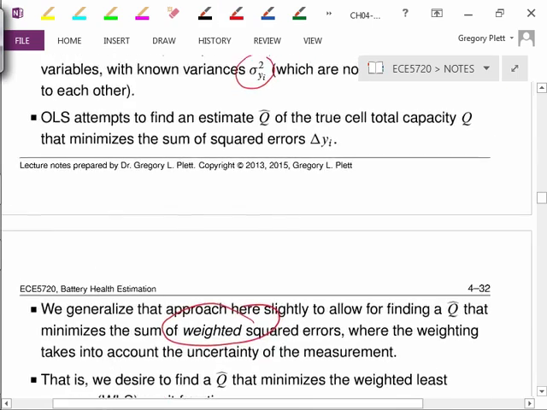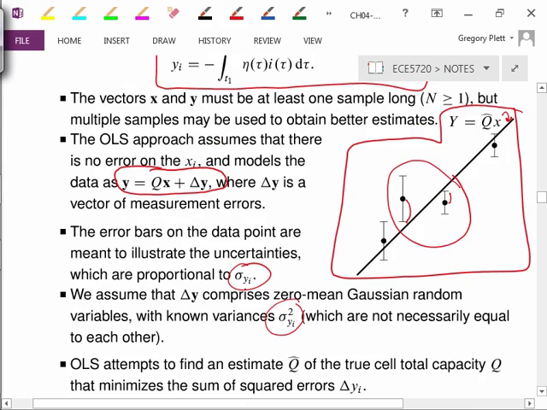If I go back up to here, this might be little y sub 1, the actual measurement, but capital Y sub 1 is where that measurement maps to on the line. And this would be capital Y sub 2, capital Y sub 3, capital Y sub 4, Y1, Y2, etc. for those data points, assuming they're organized in that order.